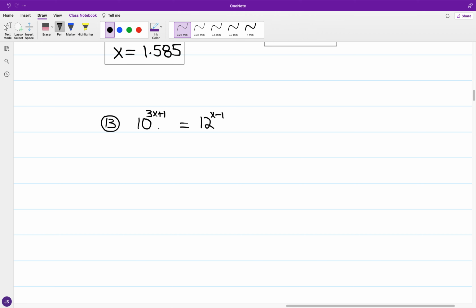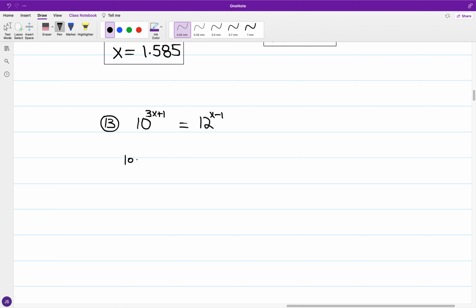Again, you can apply either natural or base 10 logarithms to both sides. Since we have 10 at least on one side, it's not going to lead to the change of base formula setup, but it might save you half a step if I use the one which matches the base 10. Like if I had e, I might go with natural log just to save maybe half a step.